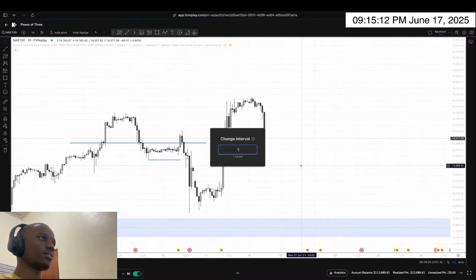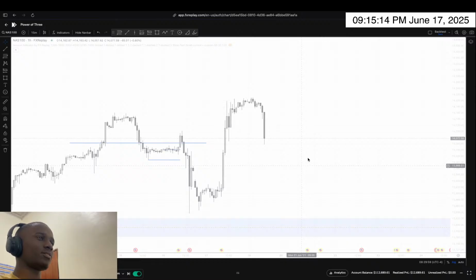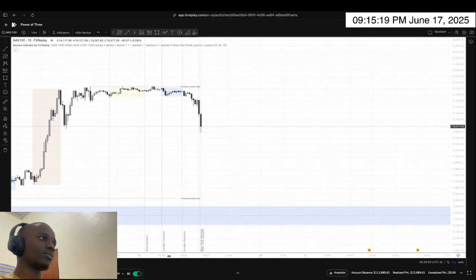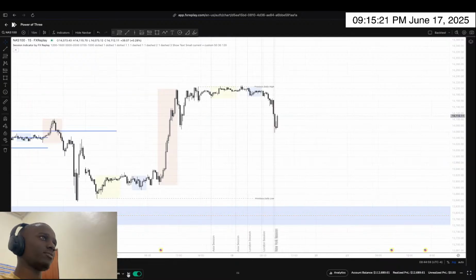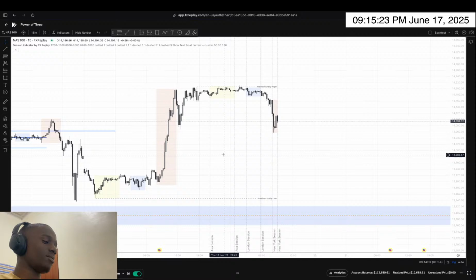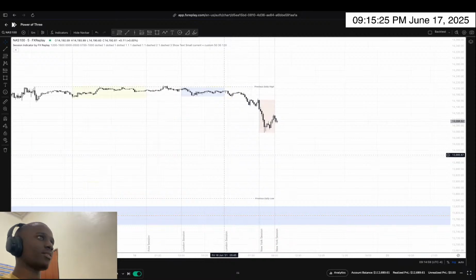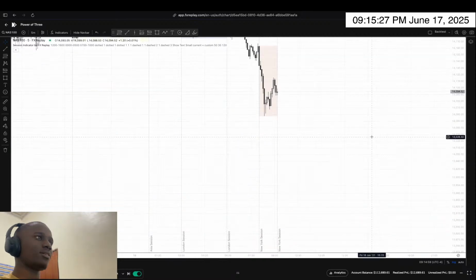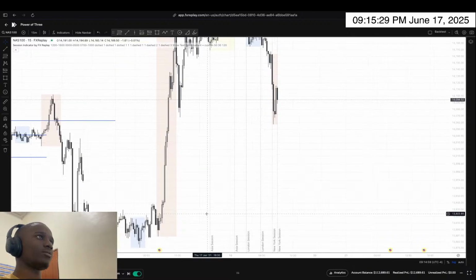Okay, let's go to 15. So you can see how the candles are closing, which means New York basically will drop. Nothing bigger than that. New York is absolutely gonna drop.